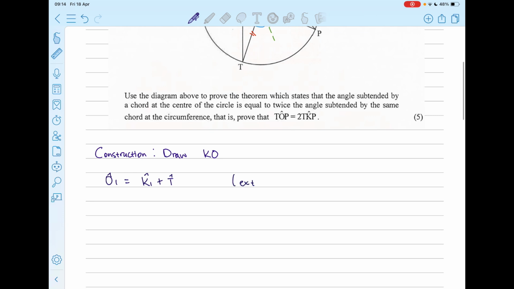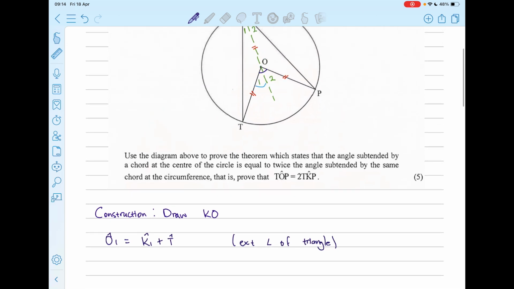So exterior angle of triangle, and that is equal to the sum of the two opposite interior angles.